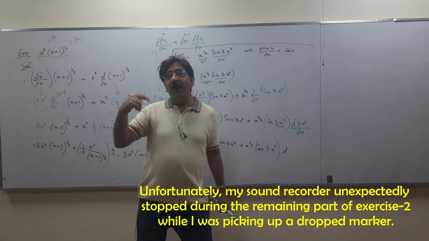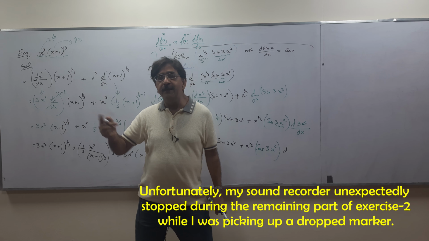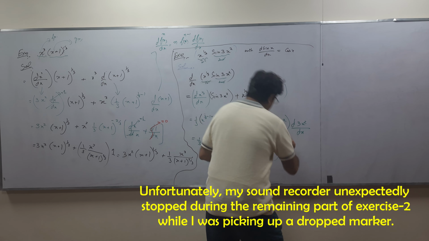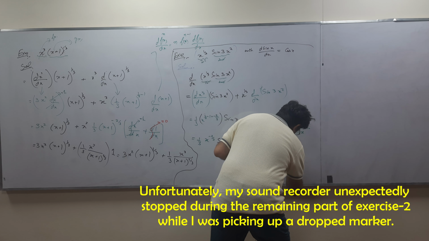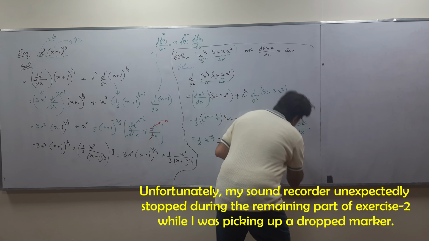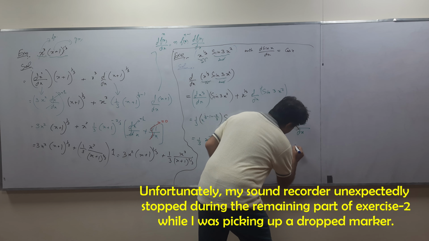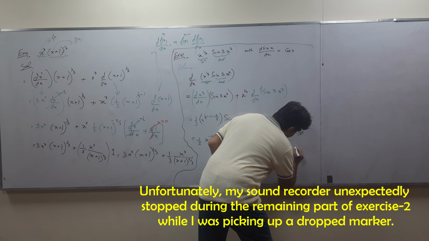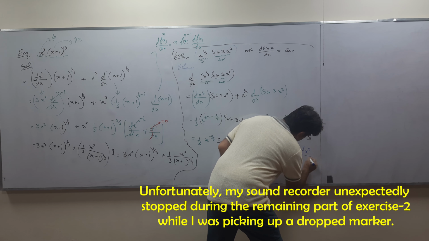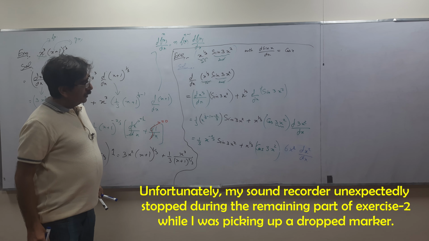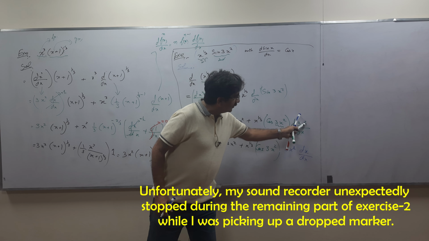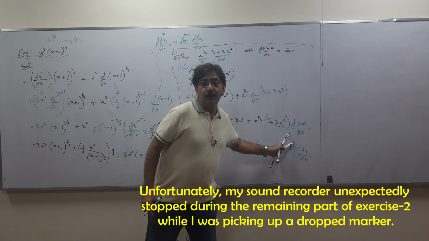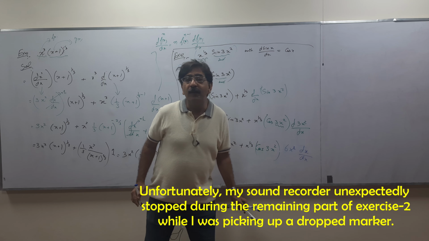The power will be shifted. 3 multiplied by 2 will be 6x. 2 minus 1 is equal to 1, so x to the power 1. The derivative of x with respect to x will be equal to 1.